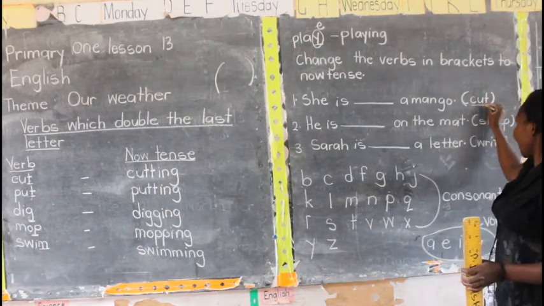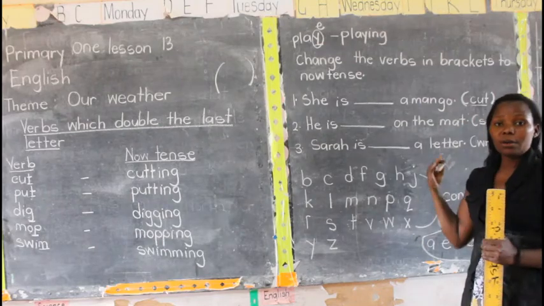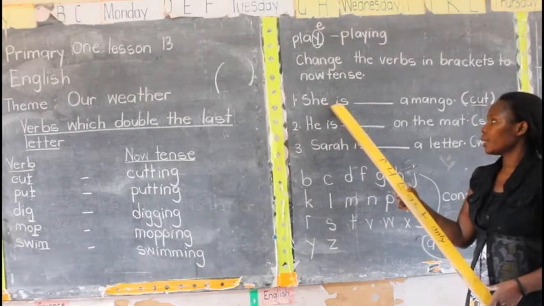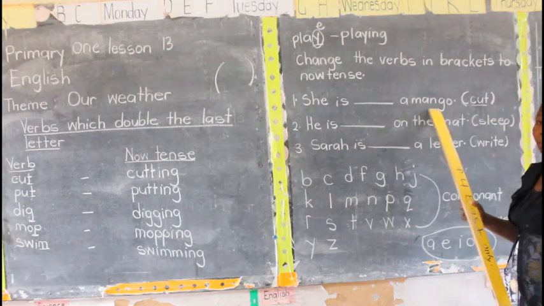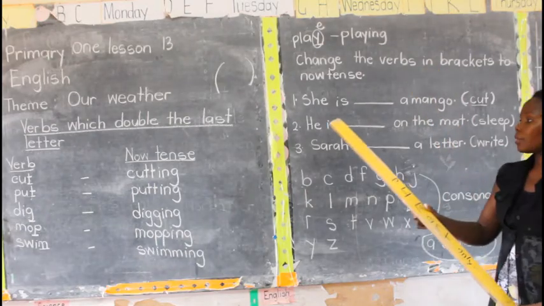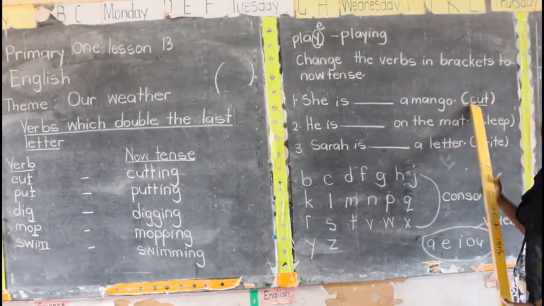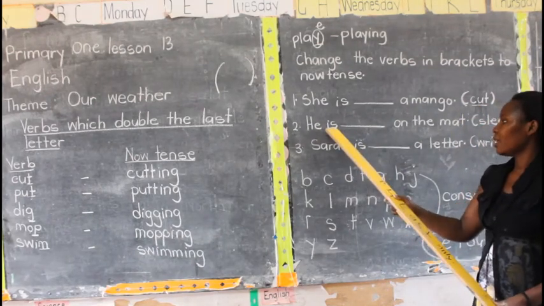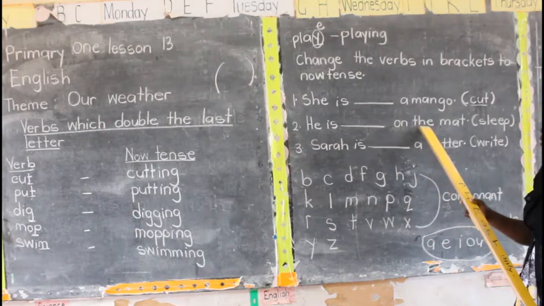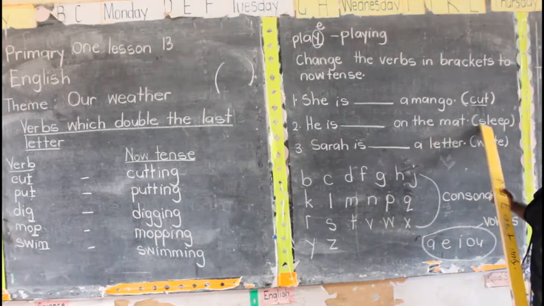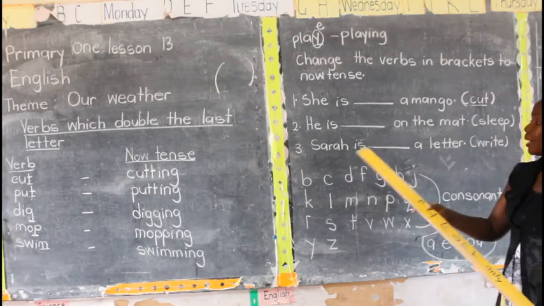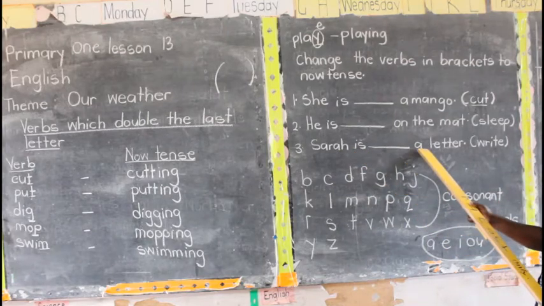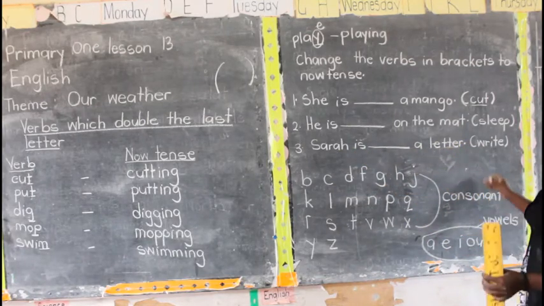So the words inside, we have to change them to now tense. Our first sentence says, she is dash a mango. In brackets we have cut. The second one says, he is dash on the mat. In brackets we have sleep. Then the last example says, Sarah is dash a letter. In brackets we have write.